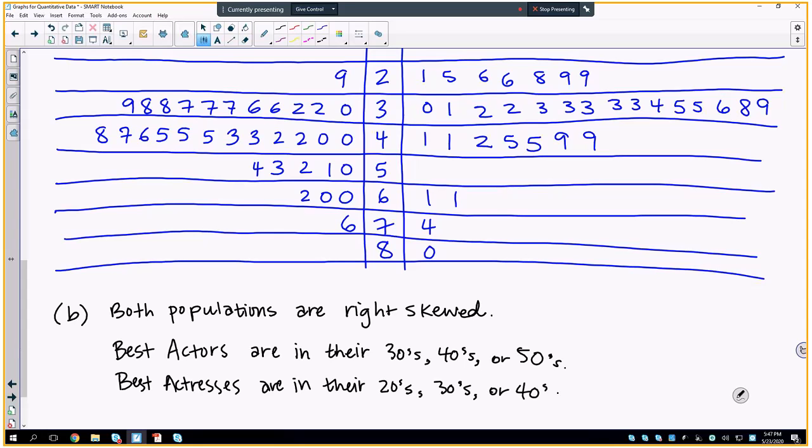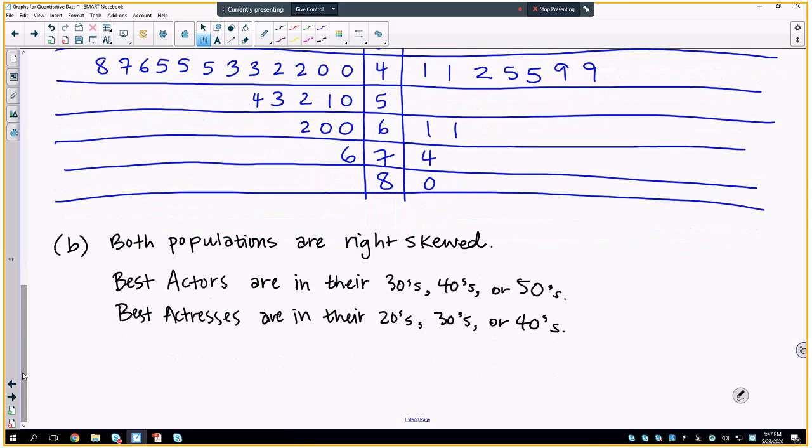You can see that for the Best Actress Award, several women in their 20s have won it, whereas the youngest man who won it was 29 and there was only one. But not as many in their 40s, although there were several in their 40s as well, and none in the 50s. So I think this would be enough of a conclusion to draw.